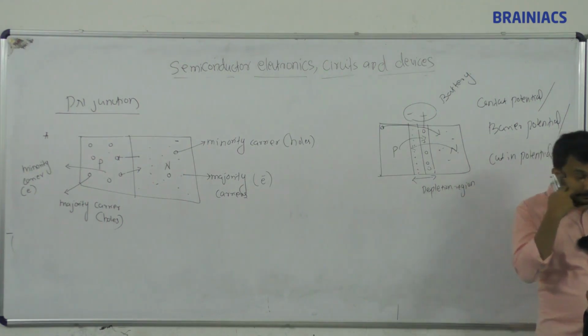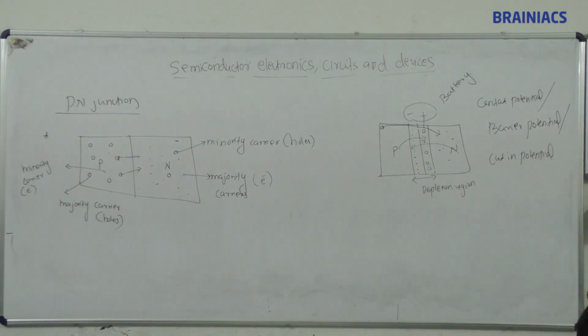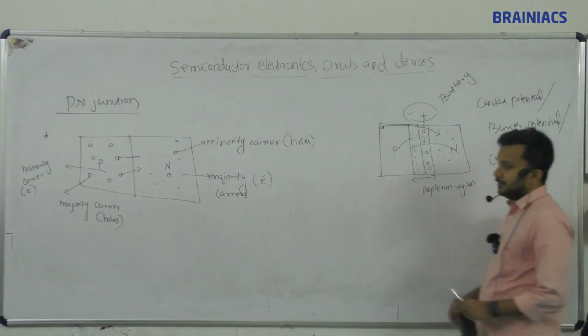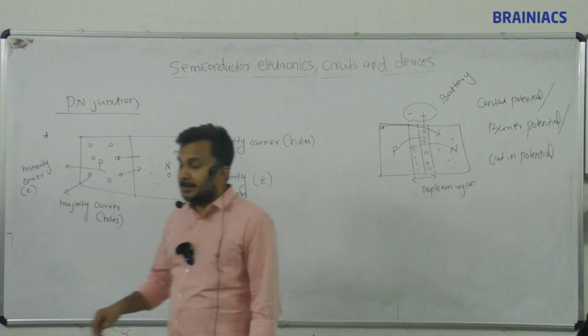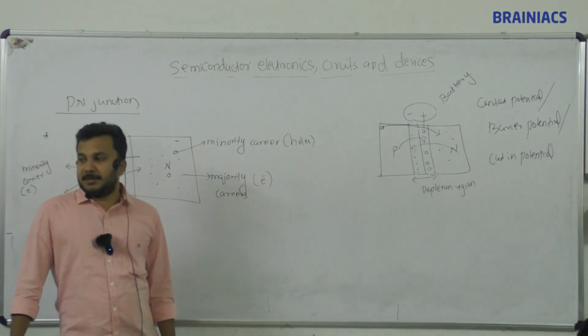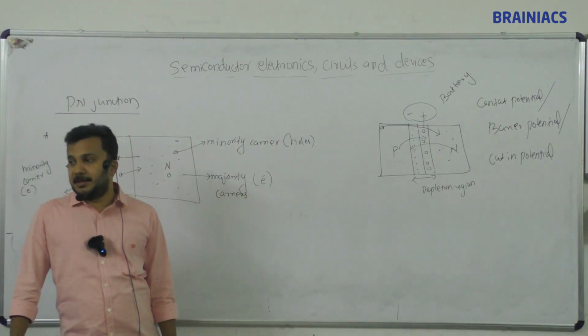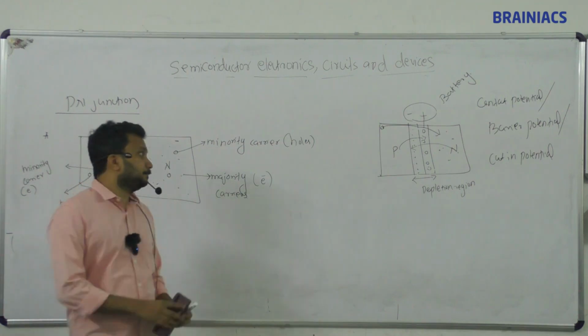After some time, a barrier region is formed in the PN junction. A barrier region is formed in the PN junction.